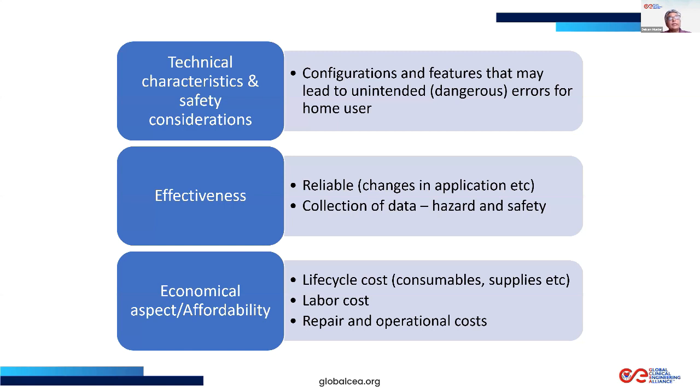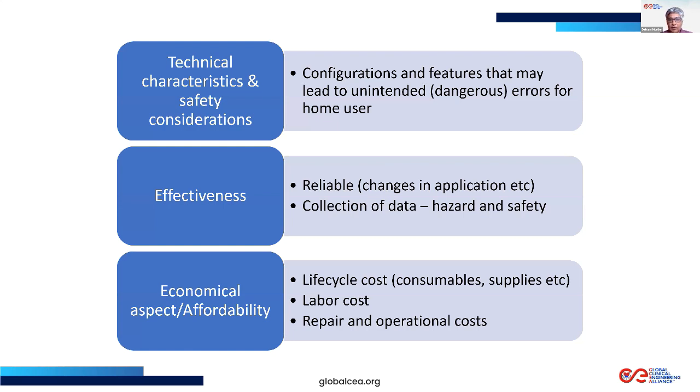So as I mentioned, the HTA has 10 dimensions that we use to assess technologies. And I just wanted to take those dimensions and point out what kind of evidence we could use for the assessment.